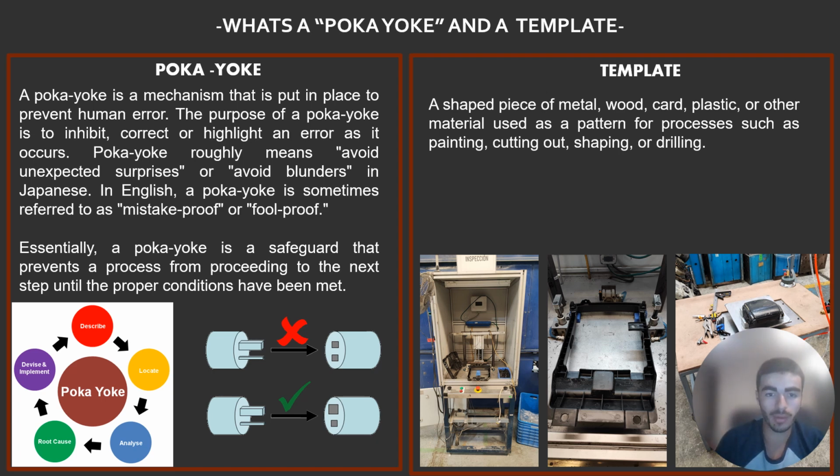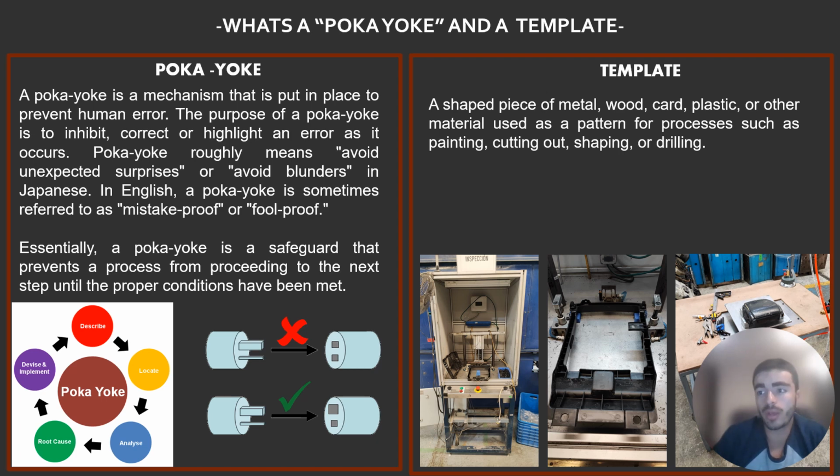We can see here a Pokayoke diagram. This one is very useful because you can locate your situation in each one of the points, and you can go from there. But I usually first visualize the problem and start from there, but you can do it however you want.